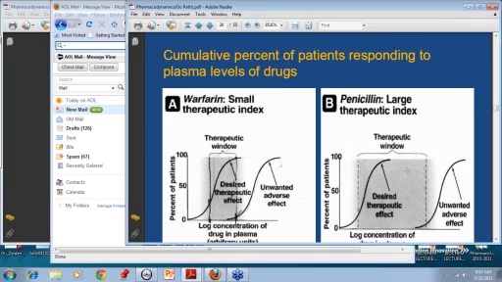Therapeutic index of a drug is essentially the ratio of the dose that produces toxicity to the dose that produces a clinically desired or effective response in a population of individuals. It's essentially TD50 over ED50. That's the therapeutic index that you need to appreciate and store on your hard drive. There is no other way.